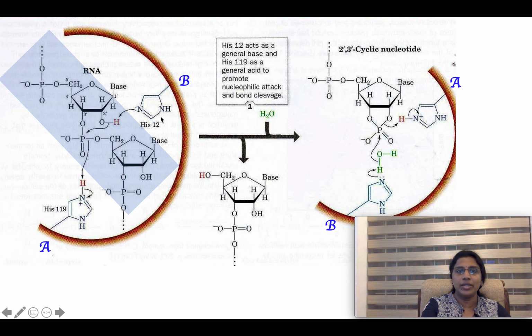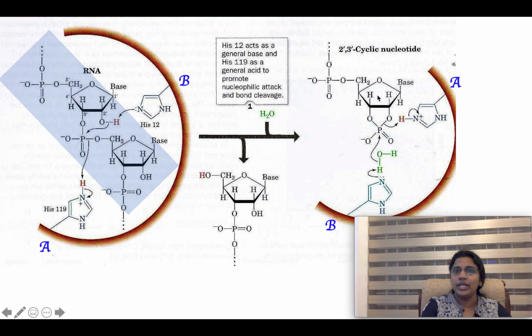In the first step, histidine 12, which is a base, abstracts a proton from the 2' OH of RNA. Now the 2' OH becomes O minus, and this O minus nucleophilically attacks phosphorus and forms a PO bond. At the same time, histidine 119 donates a proton, which helps in the cleavage of this PO bond, and this proton goes here forming CH2OH, and this portion of RNA is released.